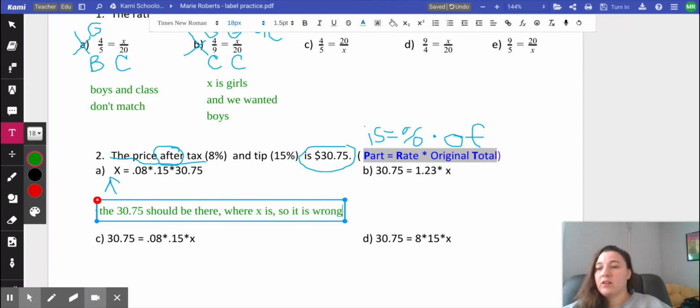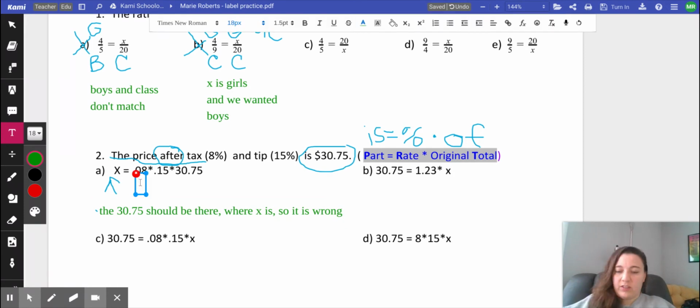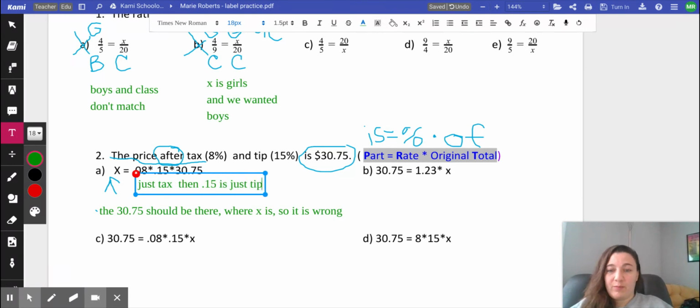Okay, the other parts that are wrong about this: the percent here is just tax. Then that 0.15 is just tip, not the after tax and tip. Because I'm gonna give you a hint here.